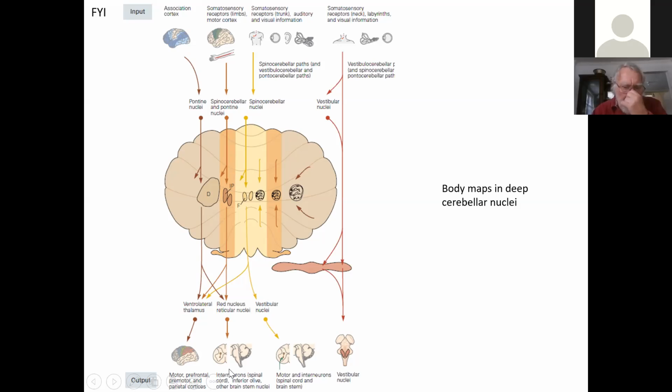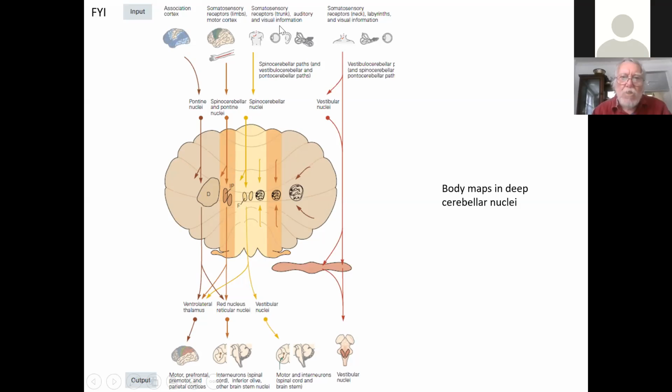And these interneurons are then controlling spinal cord modulation of either proximal or distal movements.